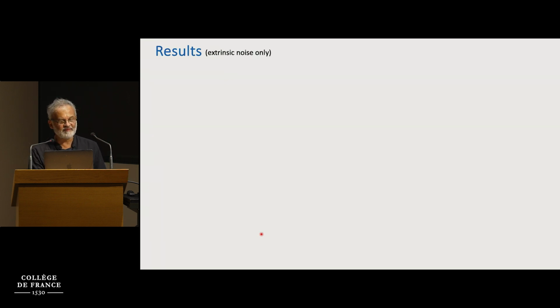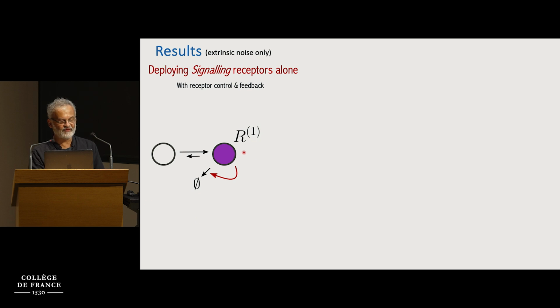Okay, so let's look at some of the results of this mathematical scheme. We'll first take extrinsic noise alone and ignore the intrinsic noise coming from the chemical reaction network, and we'll consider this very simple and canonical way of reading the information, namely having one cell type, one receptor type, which binds to the ligand and degrades, and we allow for a certain feedback.